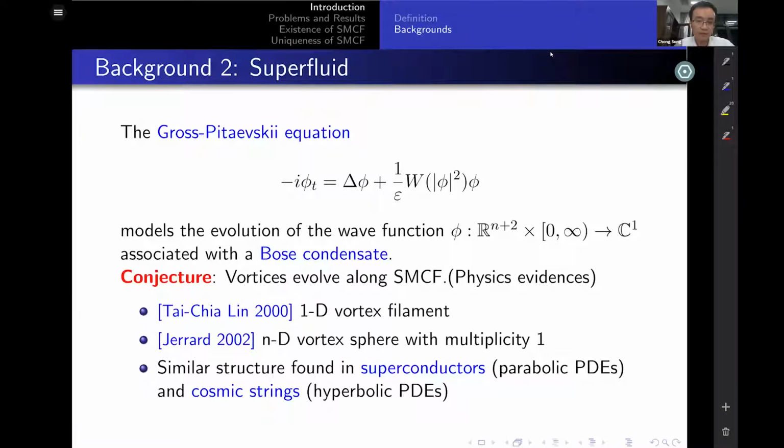For example, the Gross-Pitevsky equation, which models the wave function of Bose condensate.